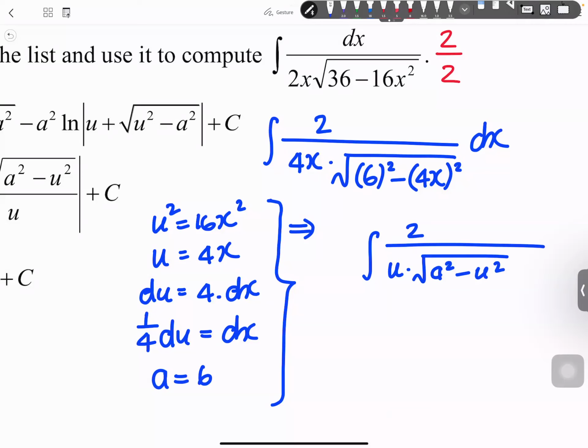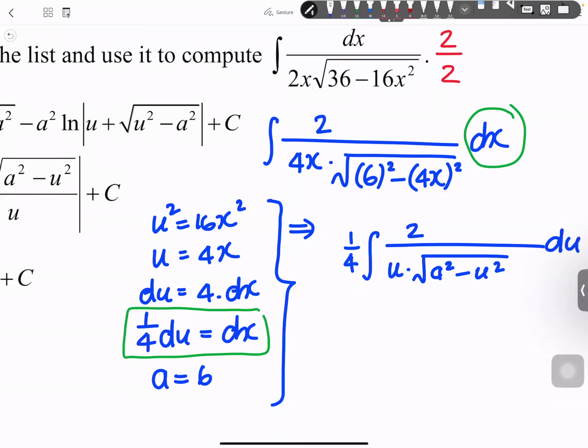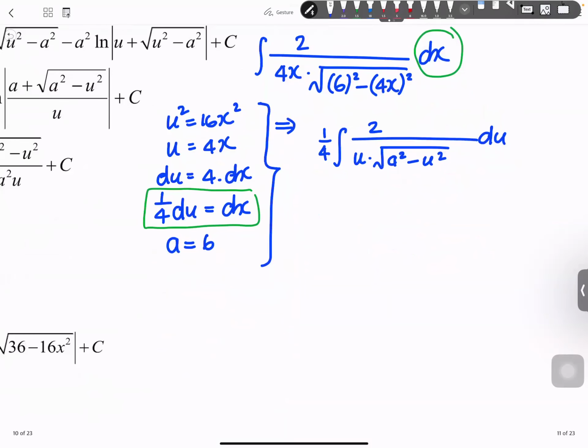And then finally, when I replace the dx, the dx is going to get replaced with 1 over 4 du. I am going to clean this up just a little bit. If the 2 comes out, that makes this 1/2 times the integral of 1 over u times the square root of a squared minus u squared du.